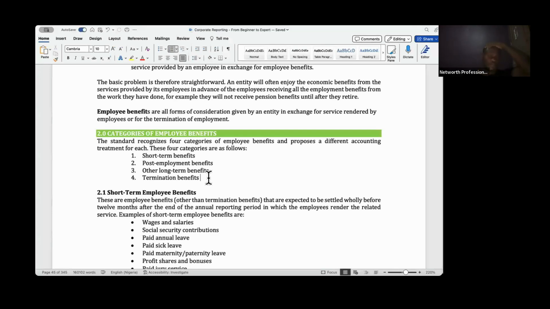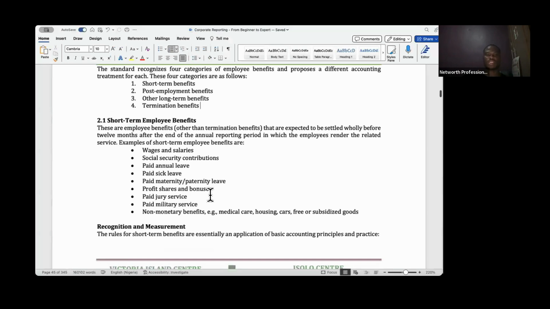Last week, I remember clearly that we looked at the short-term employee benefits, which are the benefits that an employer pays to its employee for working within a short period of time, or an employee benefit that is payable within 1 year.